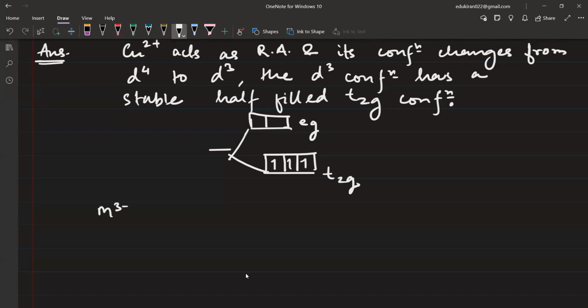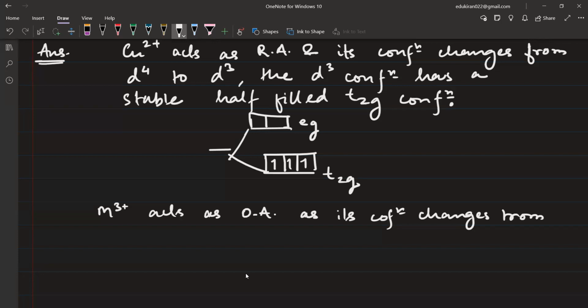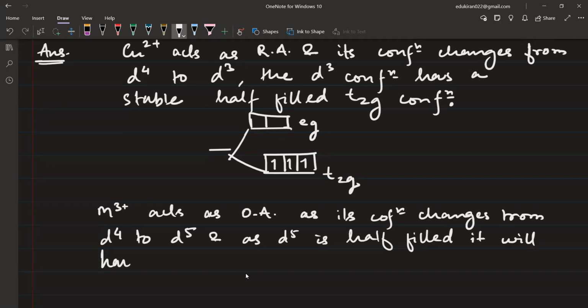So Mn3 plus is oxidizing, or rather I should say acts as an oxidizing agent as its configuration changes from D4 to, now pay attention here, it is an oxidizing agent, that means it is going to itself reduce, that means it is going to take an electron, D4 to D5, right, D4 to D5, and as D5 is half filled, it will have extra stability.